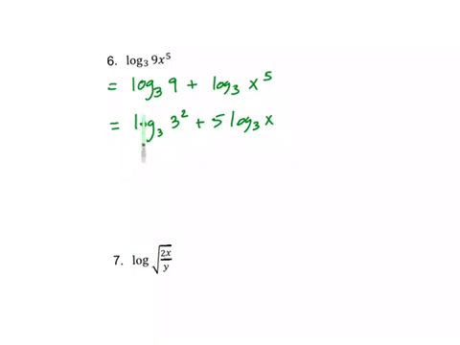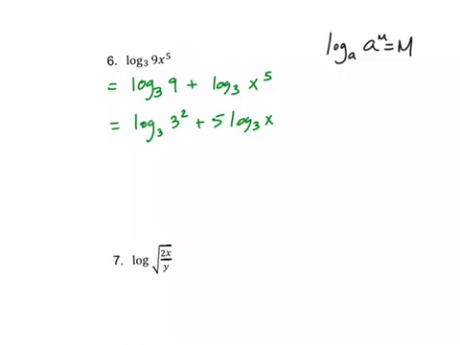Right here I can use another property of logarithms: the logarithm base a of a to the m is the same as m. And you can see it right here.